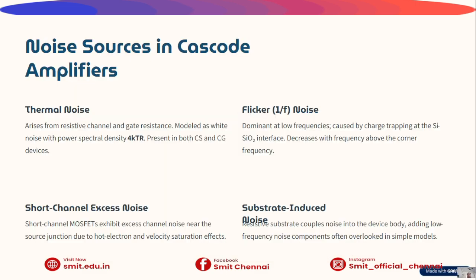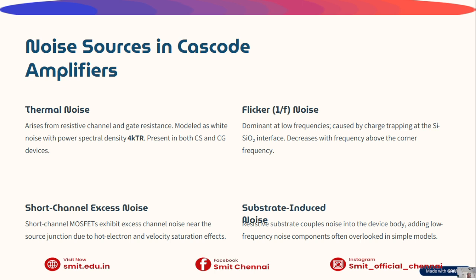Next we see about the noise sources in cascode amplifiers. Several noise sources affect cascode amplifiers. Thermal noise is generated by resistive elements and transistor channels. It has a flat frequency spectrum and is often called white noise. Flicker noise, also known as 1 over f noise, dominates at low frequencies and is caused by charge trapping at the silicon dioxide interface.